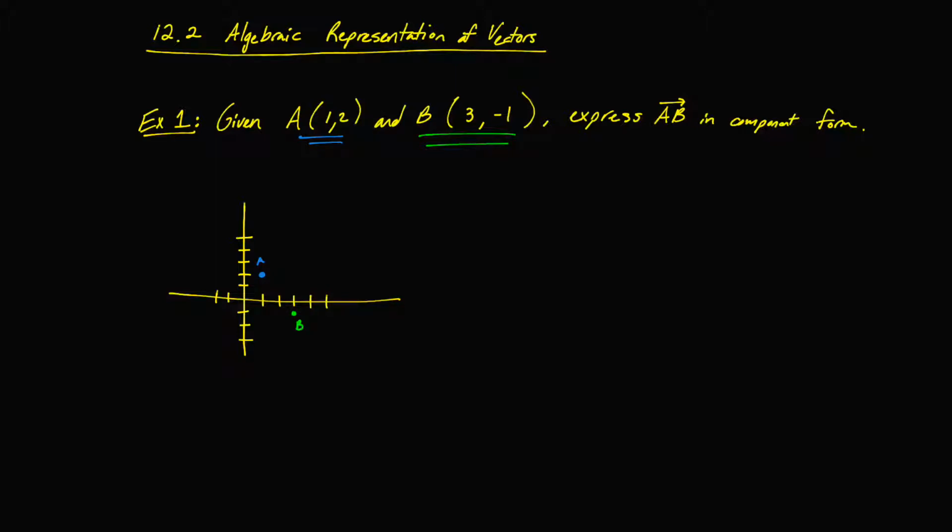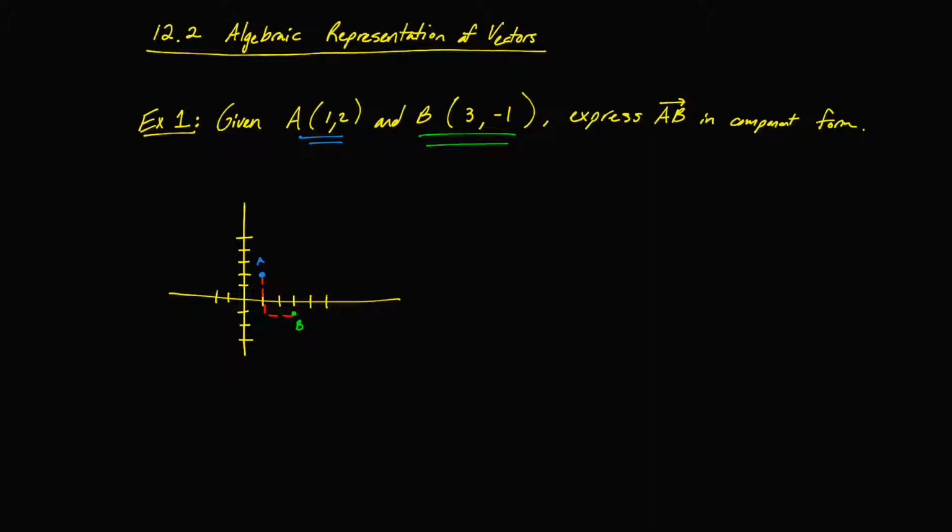So we have to go 1, 2, 3, and then 1, 2 over. So this is our graphical vector, or geometric representation, for that. But we want to do it in component form.